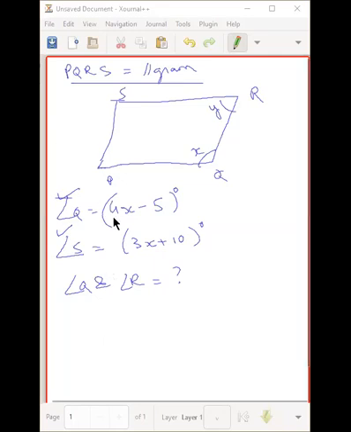What is the relationship between Q and S in a parallelogram? Krishna? Krishna, are you there? What is the relationship between angle Q and angle S?